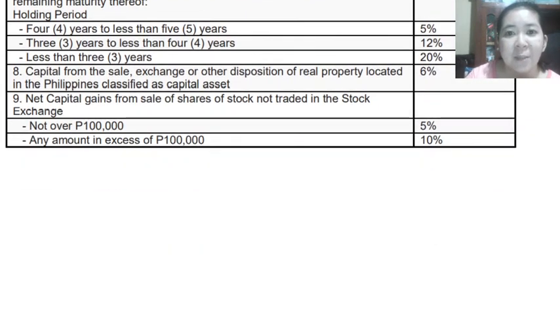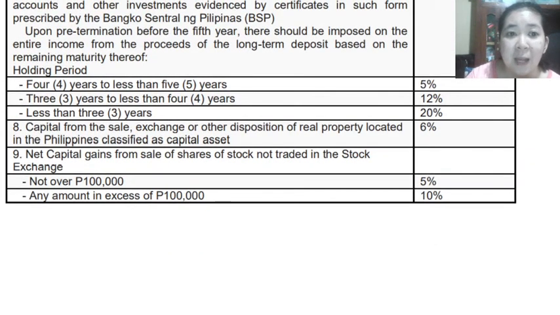Okay, so next, number 8 item, capital gains from the sale, exchange, or other disposition of real property. Provided this real property, for example land, building, or a house, they sell it, and this property is located here in the Philippines, that will be taxed 6%.